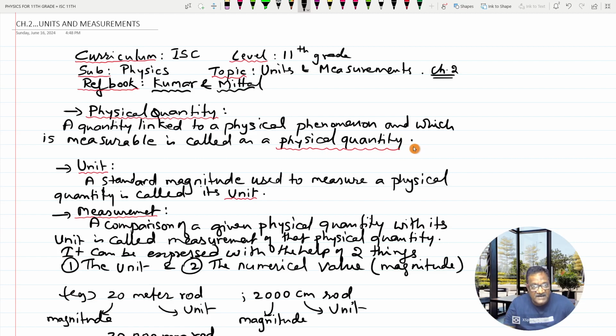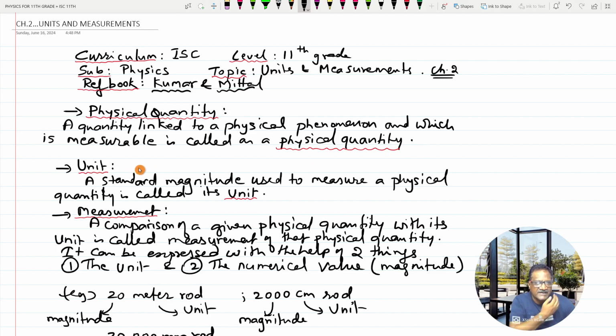Moment of inertia is a physical quantity. Acceleration is a physical quantity. Force is a physical quantity. So there are n number of physical quantities. All these physical quantities are related to some or other physical phenomenon, and these physical quantities are all measurable. Okay, so the definition for physical quantity is this.